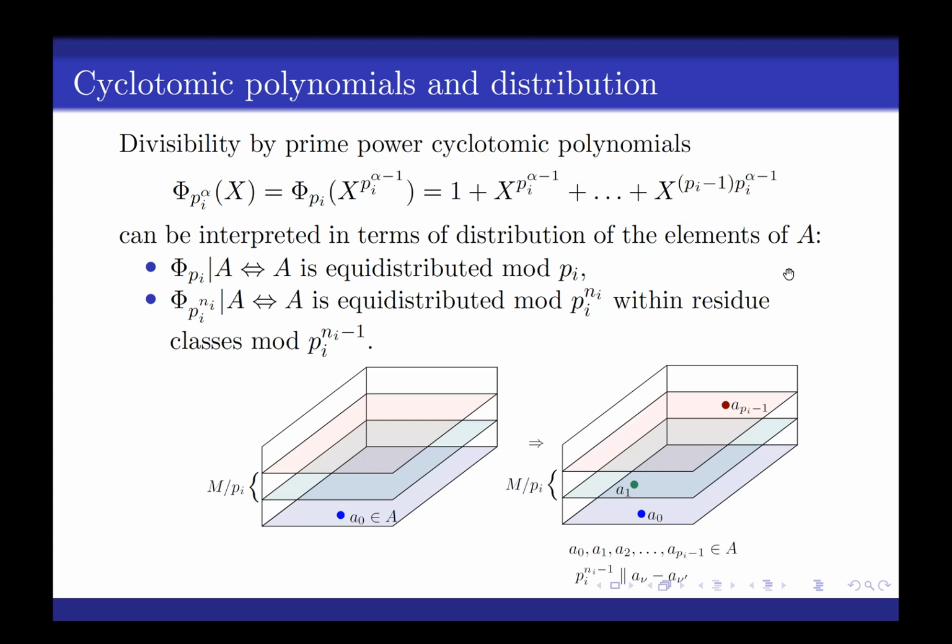And then you take any element, say that the bottom plane has an element of A that I denoted by A naught, then this equidistribution says that you can find pi minus 1 elements of A distributed across the system of planes. They don't have to be stacked one on top of the other. They just have to be somewhere in this plane.